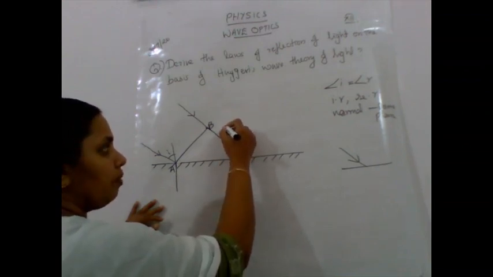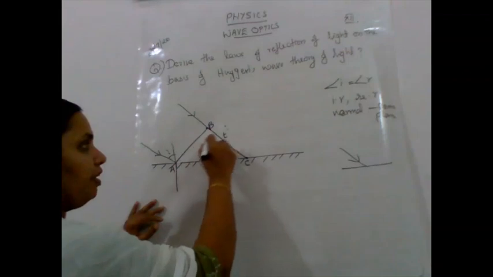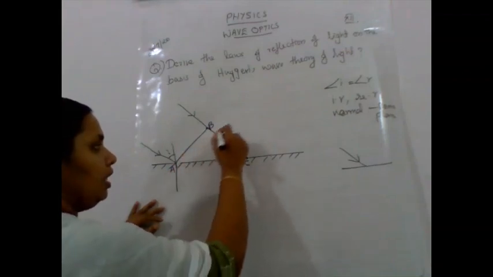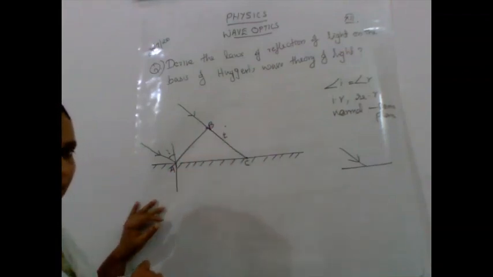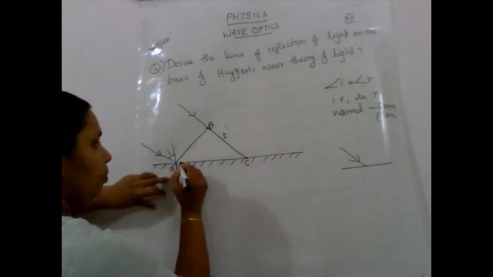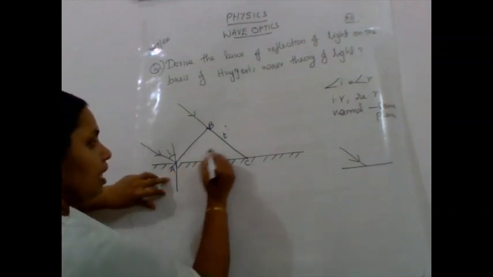That is the reflected wavefront, that point reaches here. So one by one, all the points reach the reflecting surface and produce the reflected wavefront.